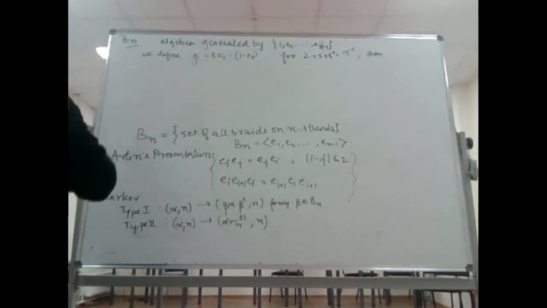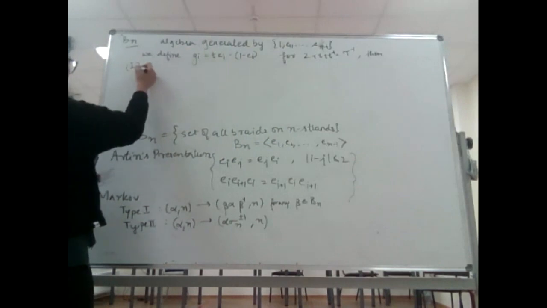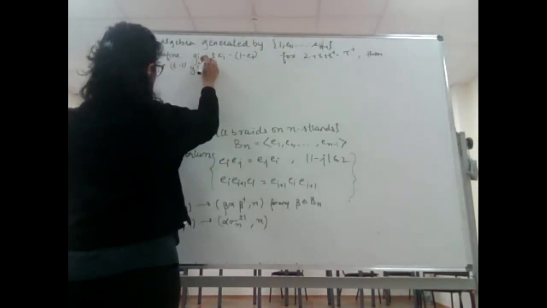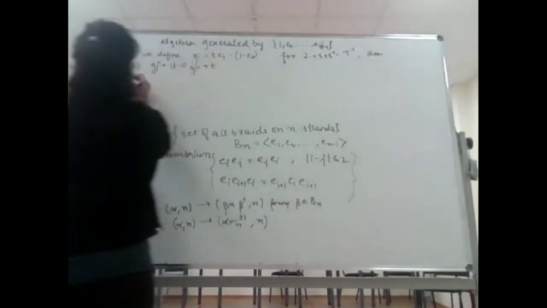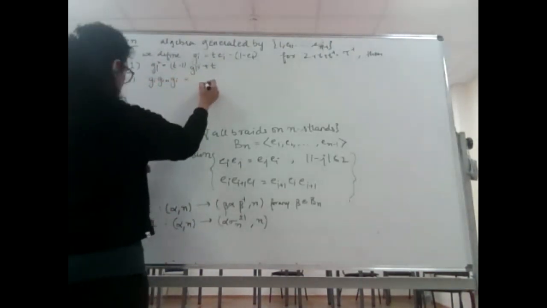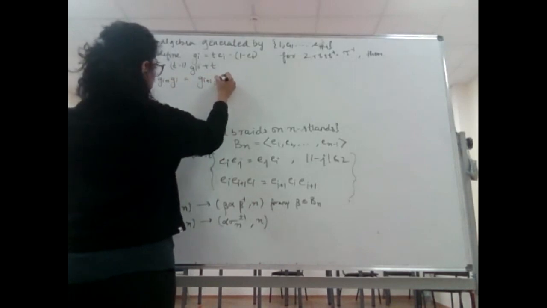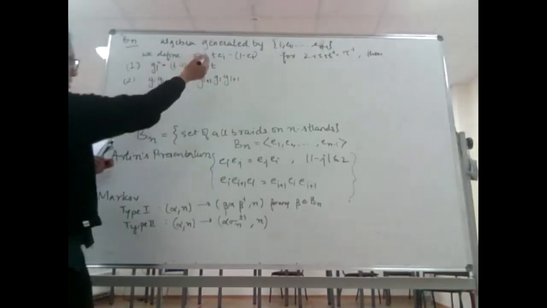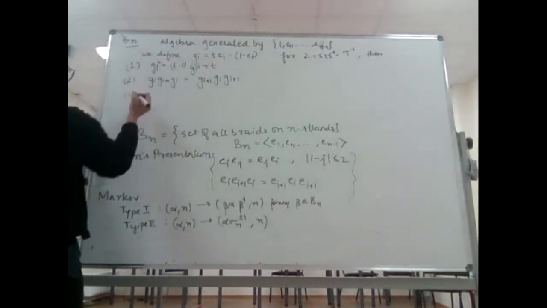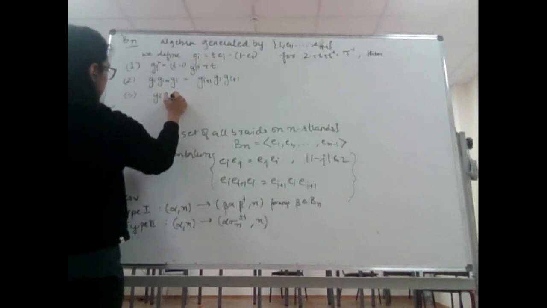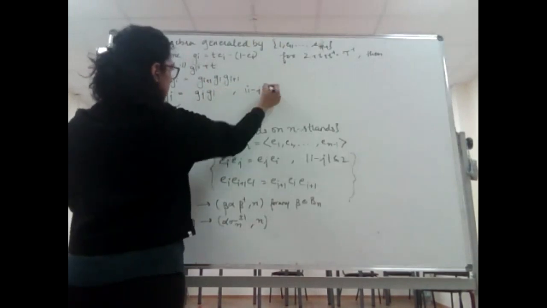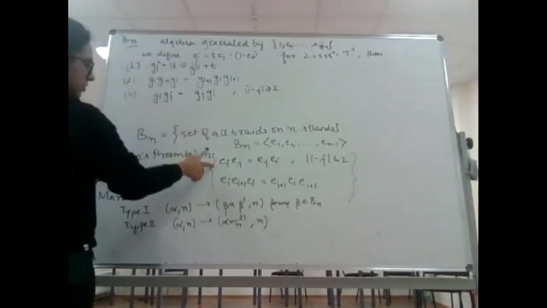All right, the relations that this satisfies are, due to this substitution, we have this relation which exactly corresponds to that for a given braid. Similarly, this one corresponds to this one.